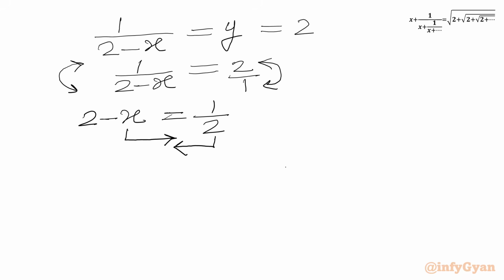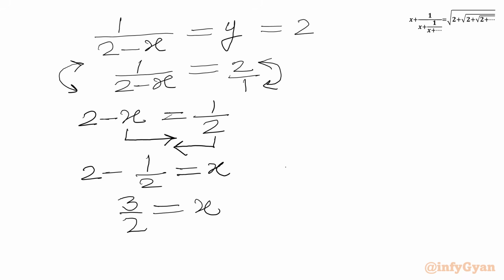Now here we will write minus half. So our equation will become 1 over 2 here, and in RHS there will be x. Now 2 minus half is 3 half. We will write 3 over 2. This will be equal to x. So our final answer becomes x equal to 3 over 2.